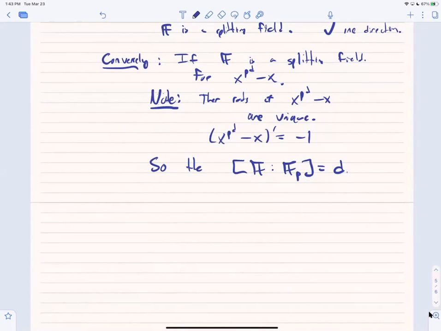Probably I didn't do enough preliminaries. Sorry, this was supposed to say at least d. And then what I wanted to claim is that there is a subfield of order p to the d. And once I know that there's a subfield of order p to the d, that will be a splitting field, by the first part, for x to the p to the d minus x.